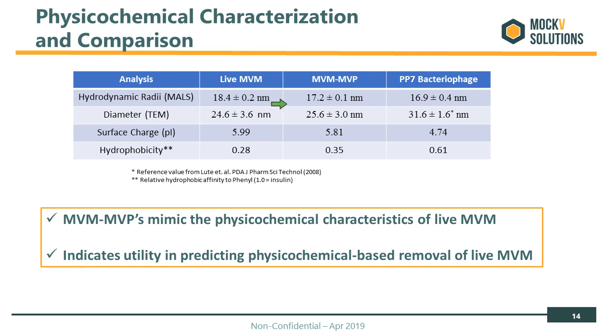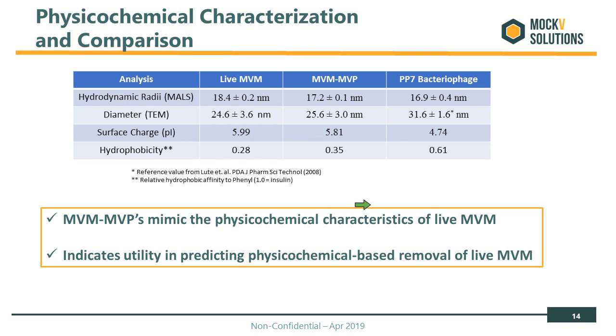Where we really see a benefit of using our MVP particles as opposed to the PP7 is in these surface elements: the surface charge, the pI that's calculated through chromatofocusing, and also the hydrophobicity. And the MVP, not surprisingly, does a great job of matching up with the MVM as opposed to the PP7.